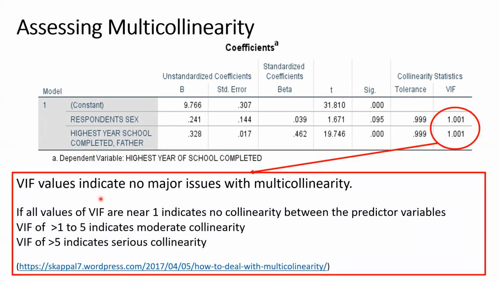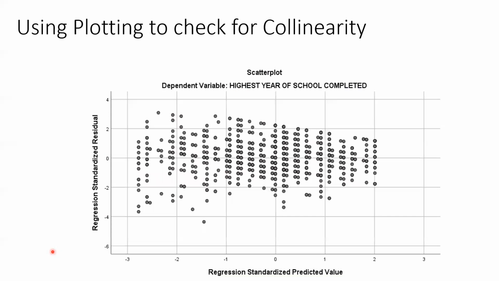If all the values of VIF are near 1, that indicates no collinearity between the predicted variables. We're pretty close to 1. A little bit more than 1 to 5 indicates moderate collinearity, and greater than 5 indicates serious collinearity. If you have values greater than 5, there are probably some additional things you need to do to address that collinearity.